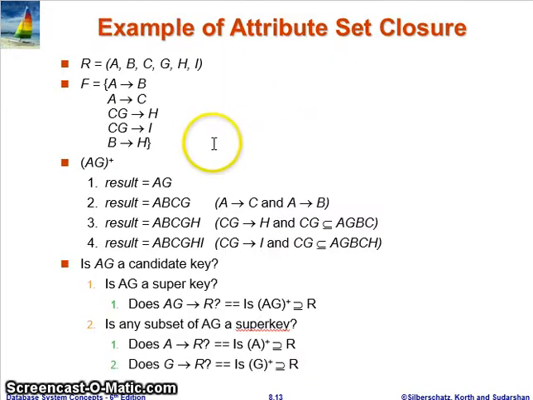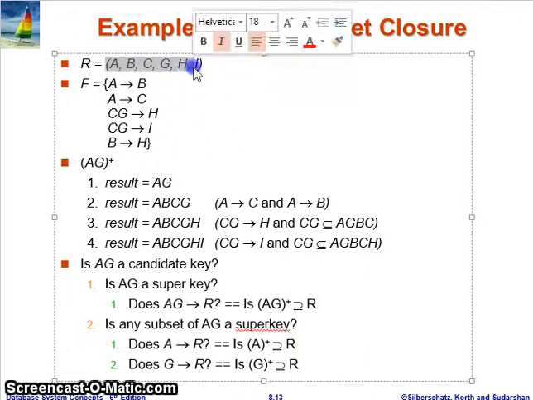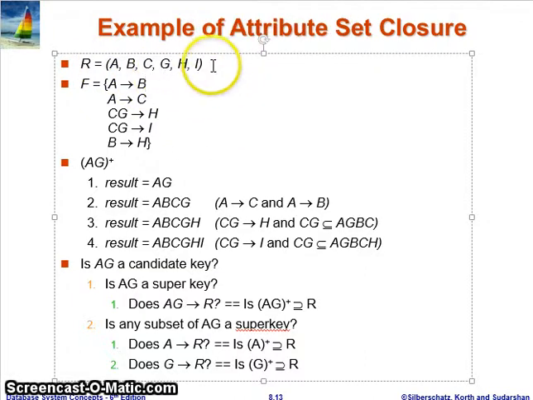Here is a given example: R, a relation with six attributes, and there are several given FDs. With the help of these FDs we can derive the closure of the set of attributes AG. We denote it with superscript plus, meaning the closure of AG.